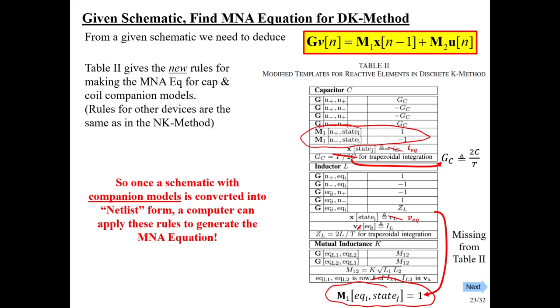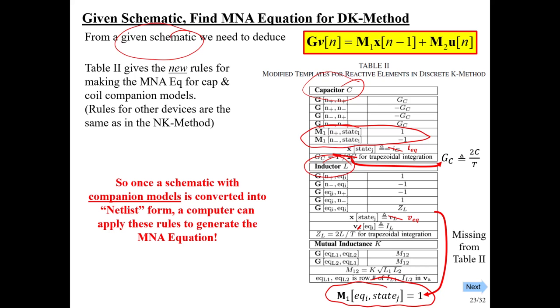So once we've got a schematic, we start with our given schematic. Every capacitor and inductor gets converted into a companion model, and then we write our modified nodal analysis from that. And we can do it with the tables, or we can just write KCLs and auxiliary equations as needed.